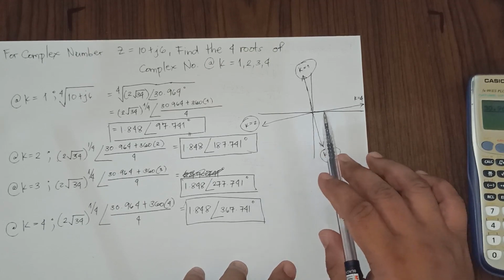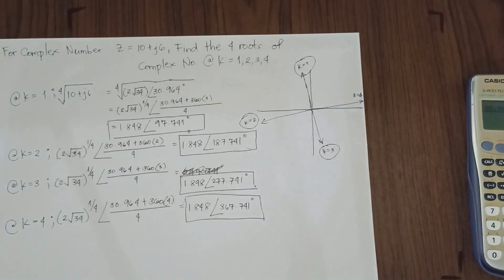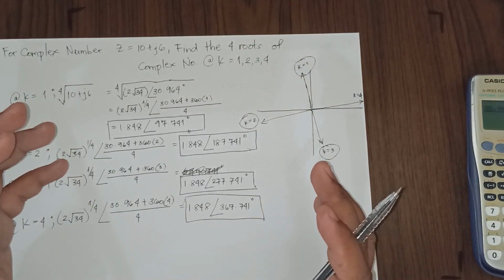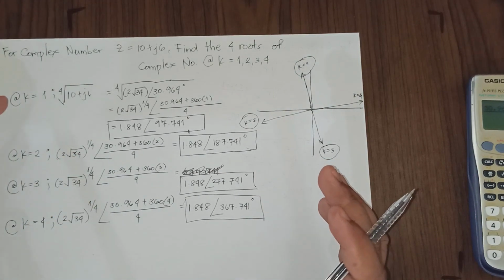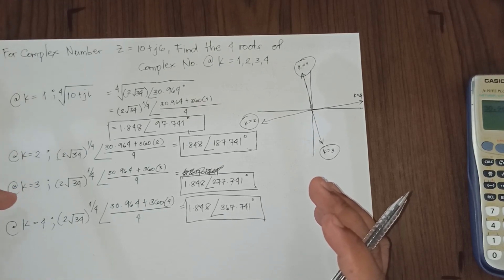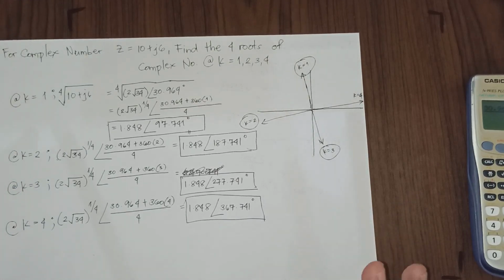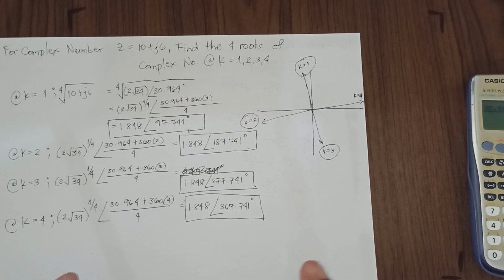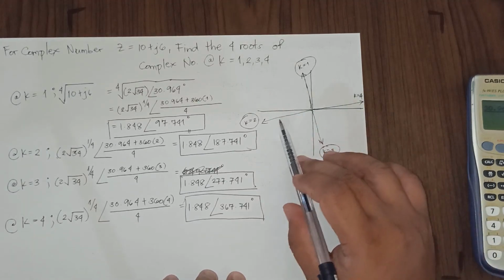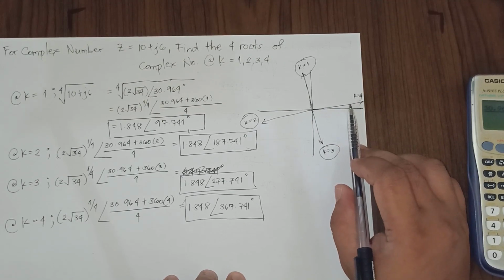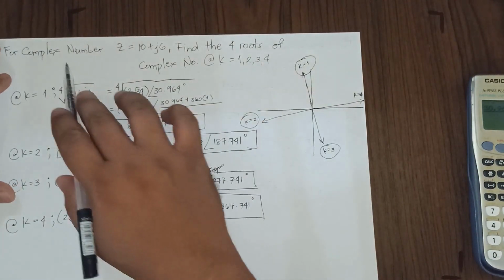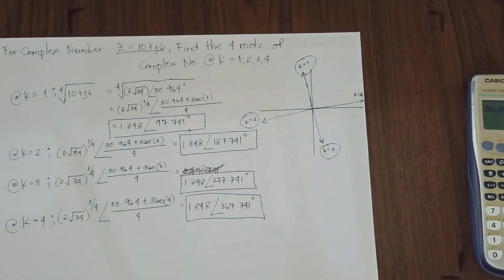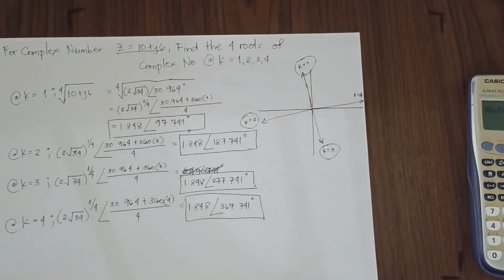That means that when it comes to roots of complex numbers, when k is equal to 1, 2, 3, 4, and so on, the numbers you form will make up one revolution in their directions. So these are our answers at k1, k2, k3, and k4, concerning the fourth root of that complex number z is equal to 10 plus j6.